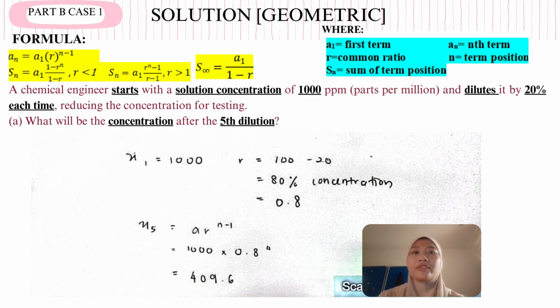So what we have to do is find the concentration first. 100 we must minus the 20%, so we got 80% or 0.8 for the concentration. So we put the values that we know into the formula, which is An equals A1 multiplied with r to the power of n minus 1. So we got the answer.